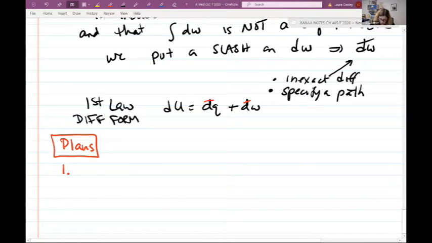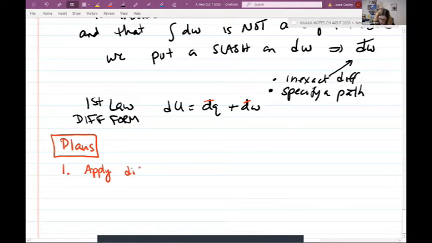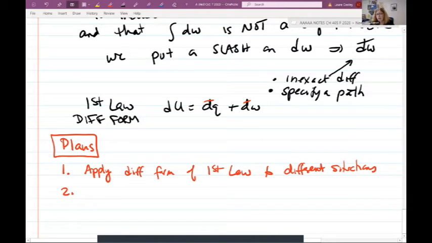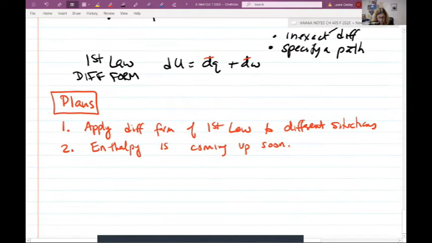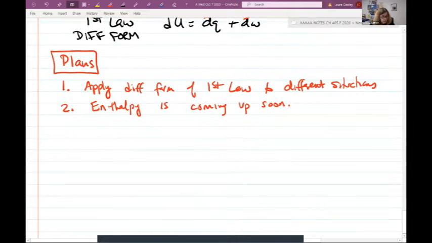I'm going to apply the differential form of the first law to different situations. And your very favorite thermodynamic parameter from general chemistry, enthalpy, is coming up soon. So let me start with the differential form of the first law and see where it takes us.